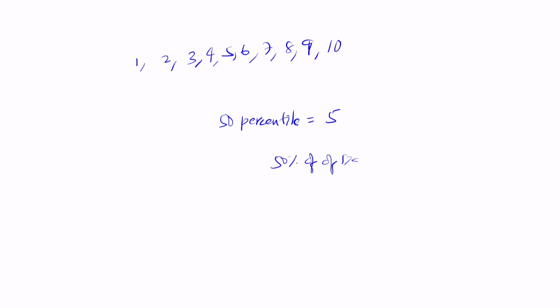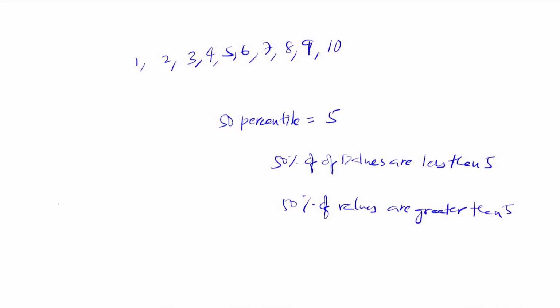Let's say I have a set of observations and the 50th percentile value is 5. That means 50% of the values are less than 5 and 50% of values are greater than 5.